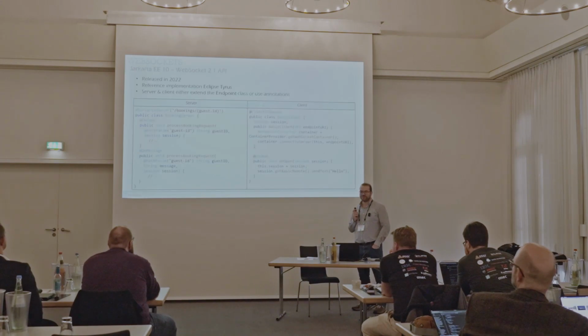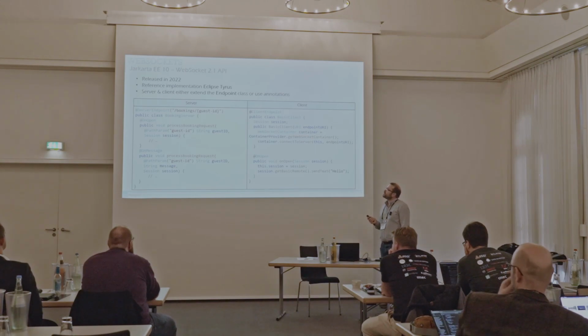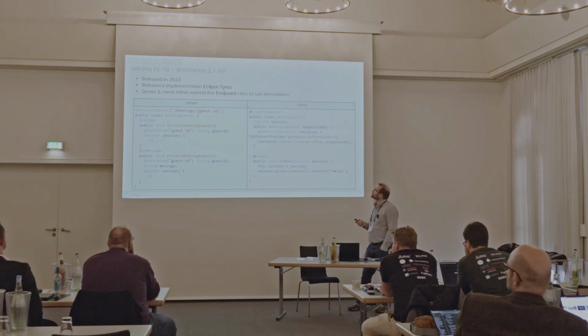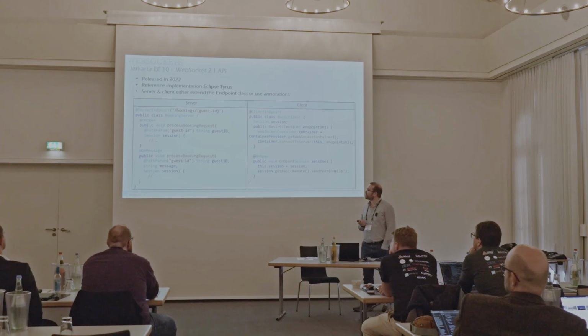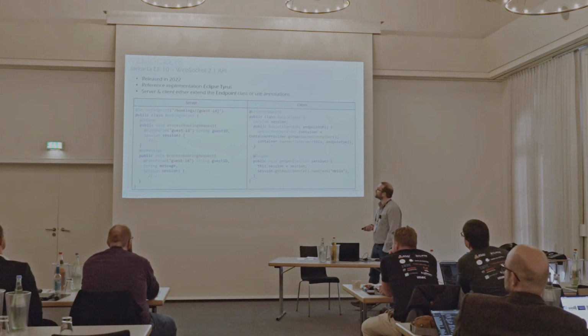When we go to Java, it's a bit less readable. So WebSockets are defined in the Jakarta specification. The last one is WebSocket 2.1 for Jakarta EE 10. And it has a reference implementation, which is Eclipse Tyrus, which is the one we will use today to try and get WebSockets into OSGi.